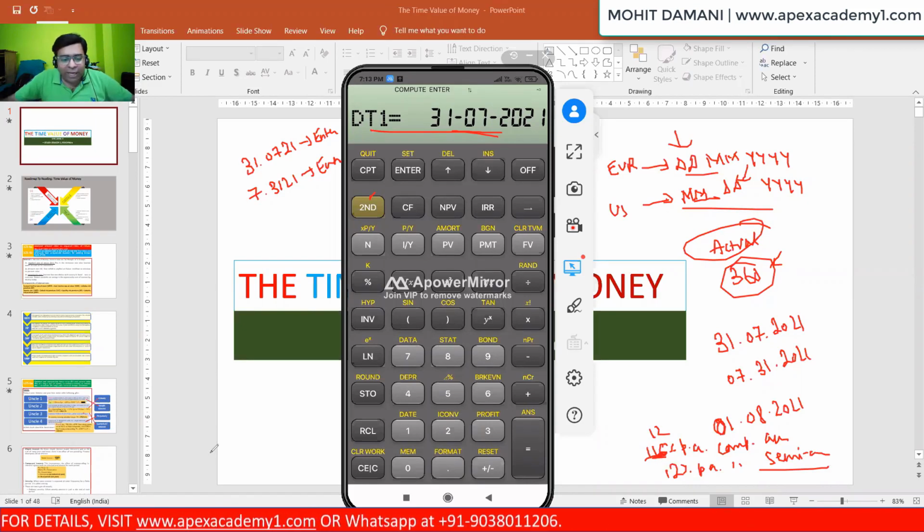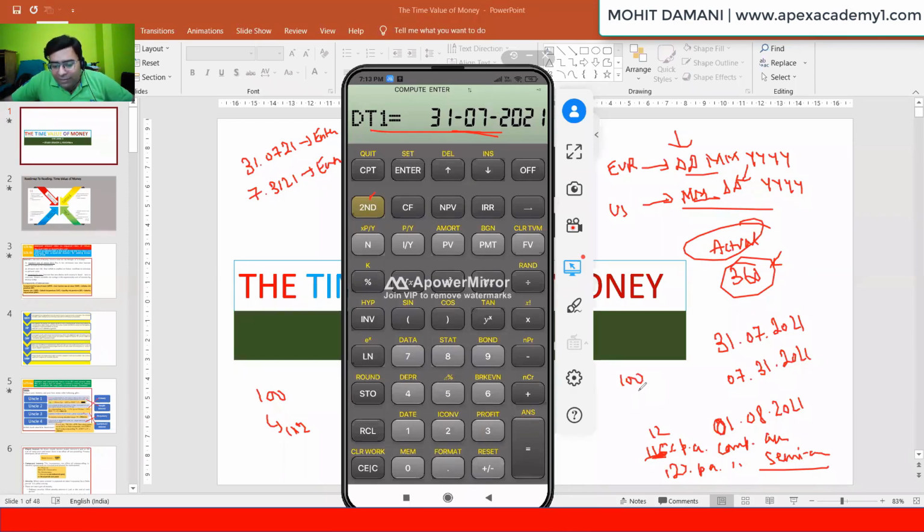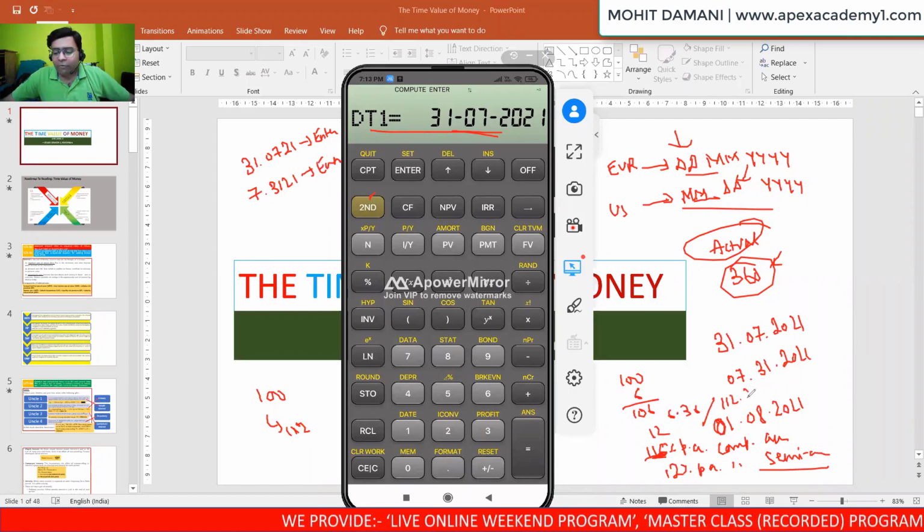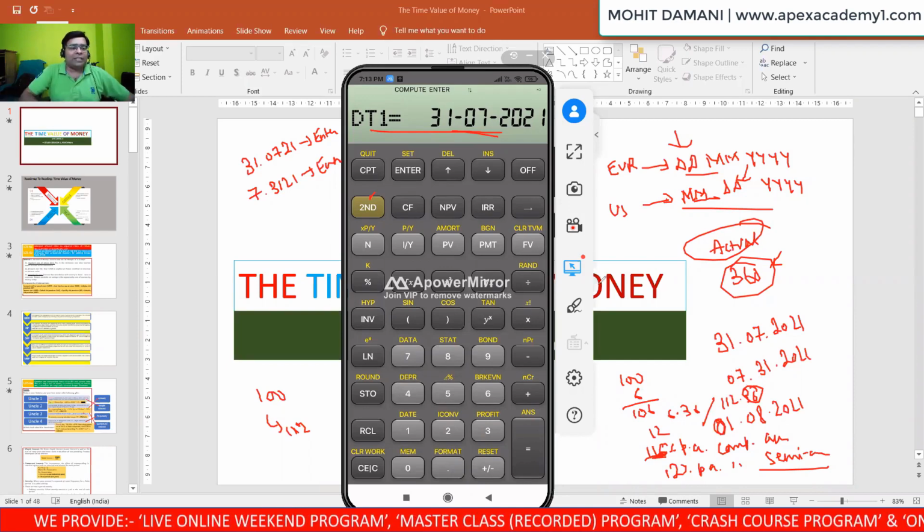Suppose I invest $100 at first step, then at the end I will get $112 only. But if I invest $100 in the second mode, in 6 months I get 6%, which gives me 106, and then again 6% on this 106, which gives me 6.36. So at the end I get 112.36, 36 cents extra.